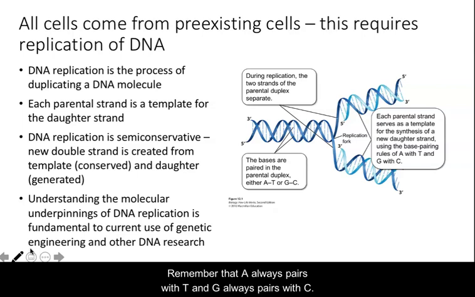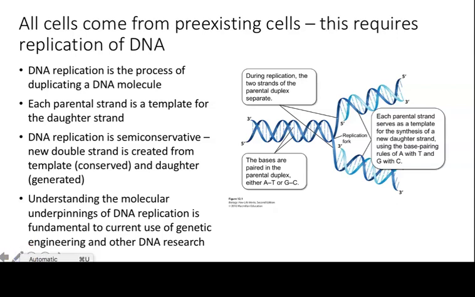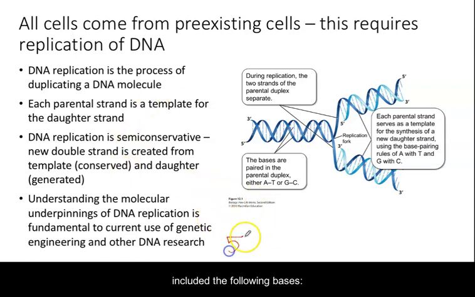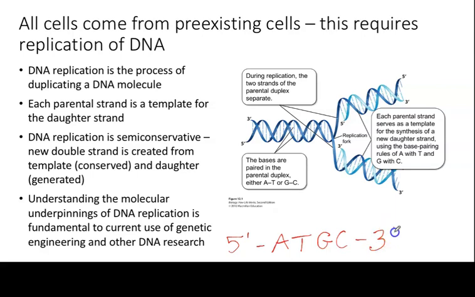And remember that A always pairs with T and G always pairs with C. So, if we were going to have a particular sequence starting at the 5' end that included the following bases, say we have A, T, G, and C, then the replication would occur in the complement as T, A, C, G.